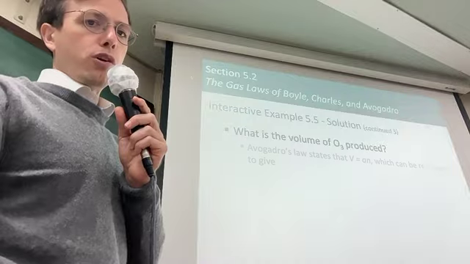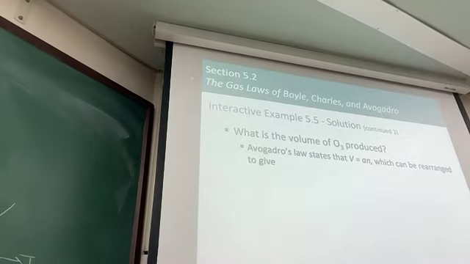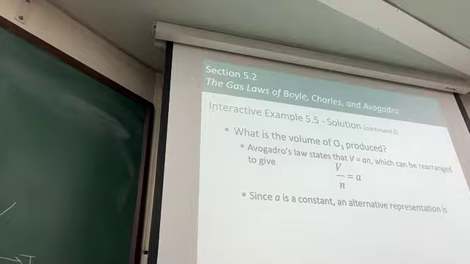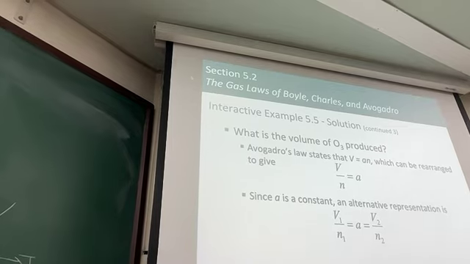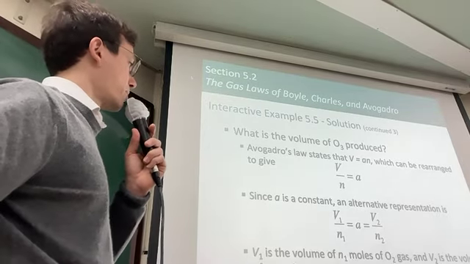And then what will be the volume of O3 produced? Well, we just use Avogadro's law now. The volume over the mole number should be constant. So we can also write it like this: volume over mole number before and after should be the same.